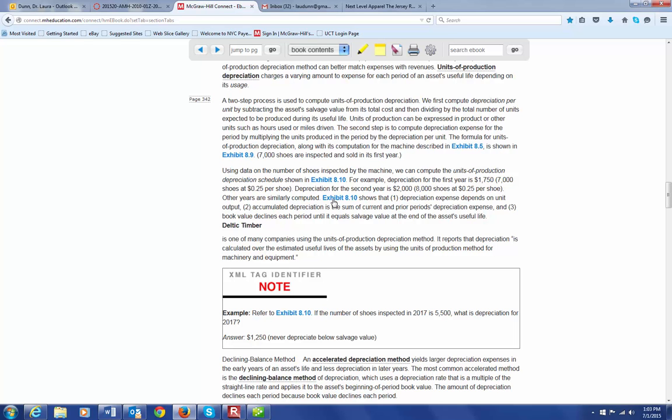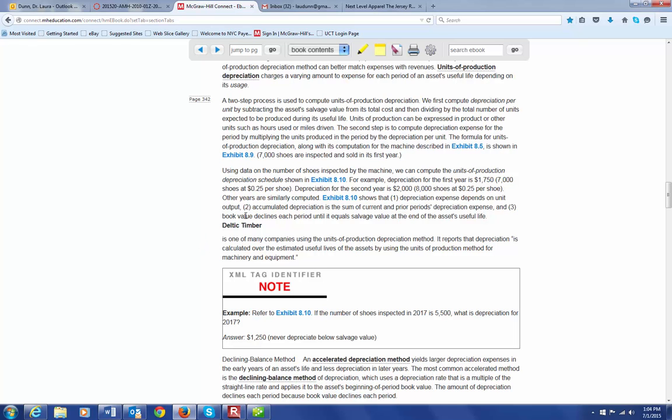All right, they give you examples here based on exhibits that are in your textbook on page, let's see, looks like page 341 and 342. So in this case, they're talking about shoes and the number of shoes that are produced.